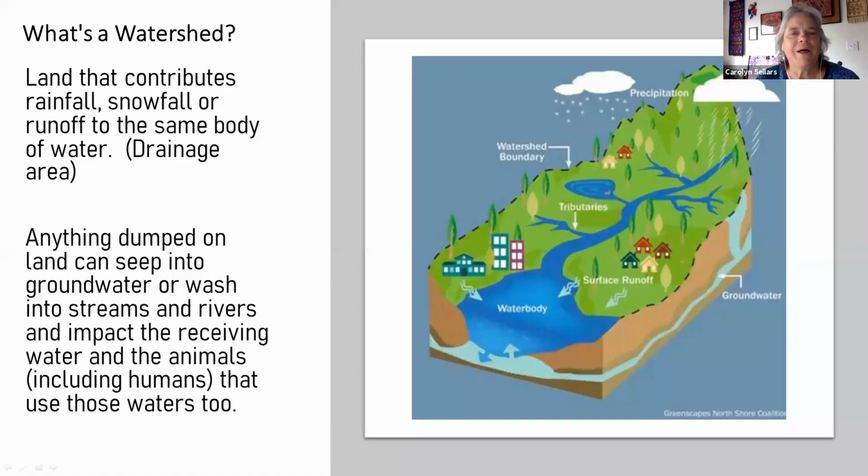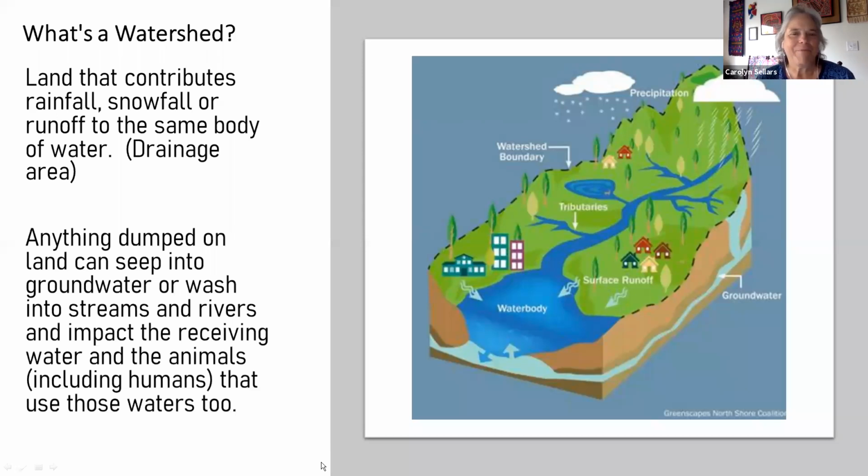All right, so we talked about different cycles and things. The earth is also full of different systems as well as cycles. A watershed is an area that contributes rain or snow or runoff to a particular body of water. You might have a puddle in your backyard.